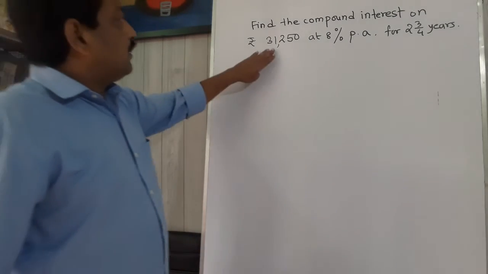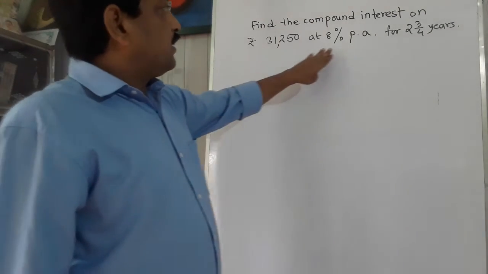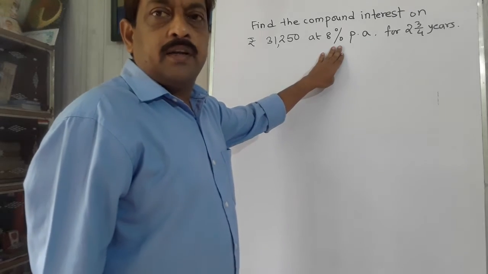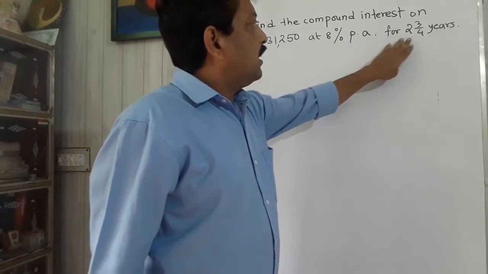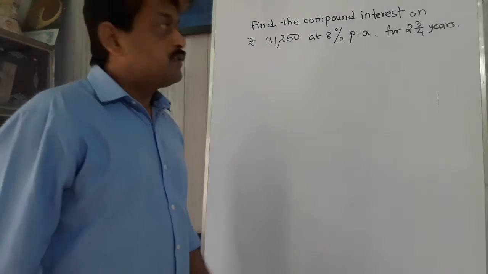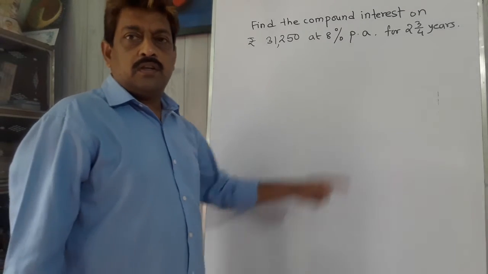So here the principal is given, the rate of interest is given, 8% per annum, meaning annually, and time is given as 2 years and 3/4 years. So the time is in fraction.